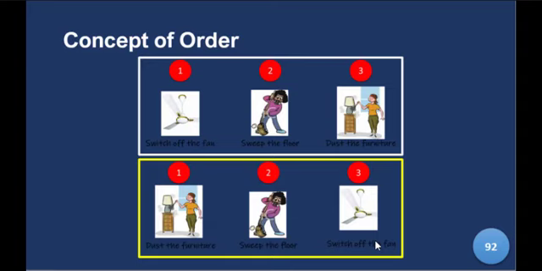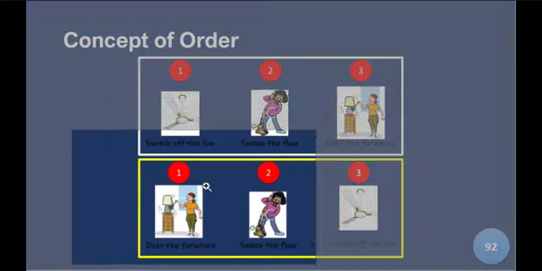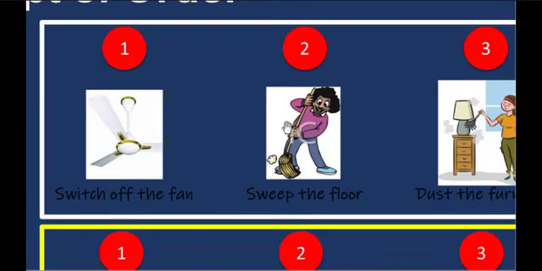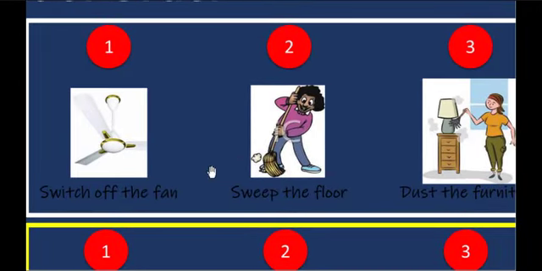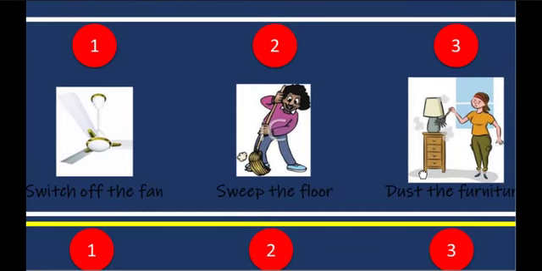Now, another thing you must also take note of when you are doing Dofiles, and this is just simple basic logic, is the concept of order. Like I had mentioned, my mother had said switch off the fan, sweep the floor, dust the furniture. That is an order. The whole idea is to have a clean living room.